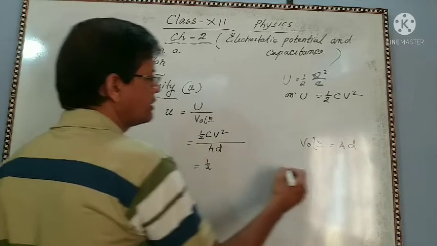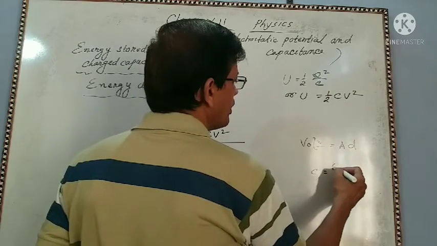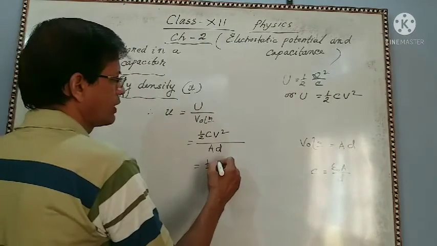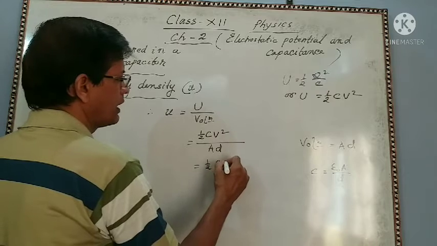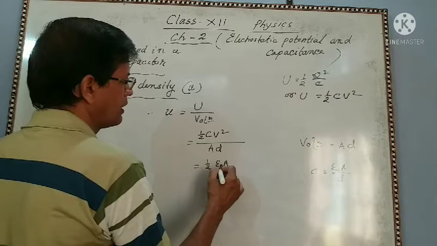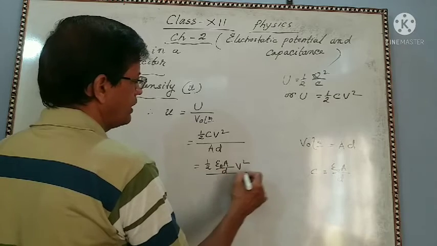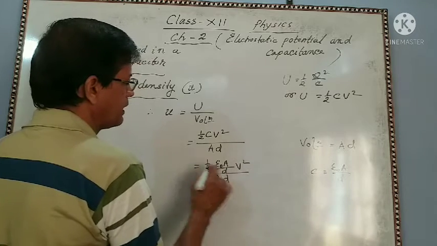Now what is C? C is epsilon naught A by D. Put here epsilon naught A by D into V square by AD.